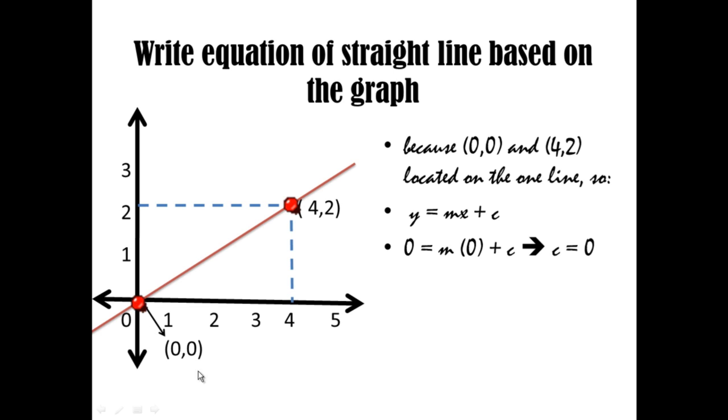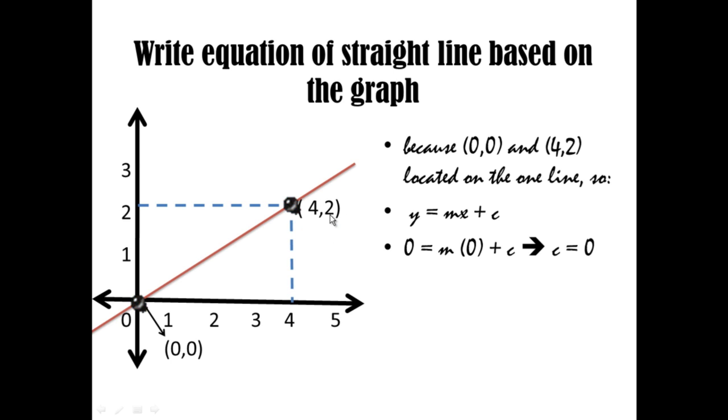For the first point, the value of y is 0 and then the value of x is also 0. So we can substitute in here and then we get the value of c is 0. Look at the second point.